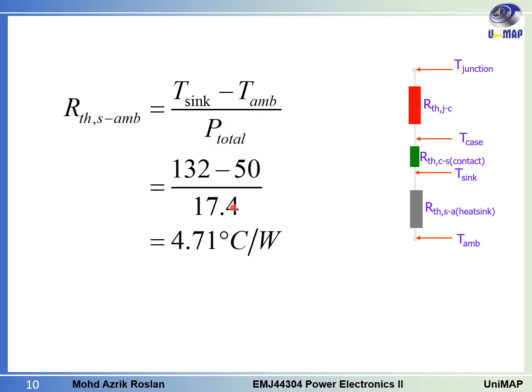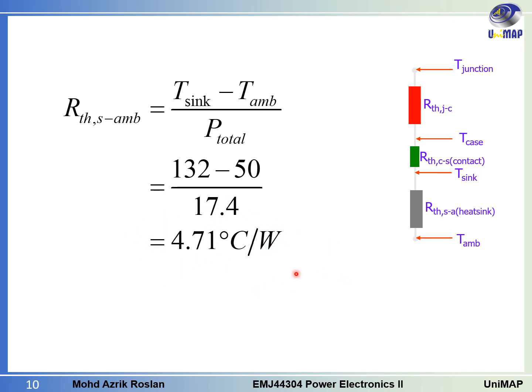We already calculated the total power, 17.4. The heatsink temperature is 132, and the ambient temperature is 50 degrees. When we solve this equation, the Rth sink to ambient is equal to 4.71 degrees C per watt.